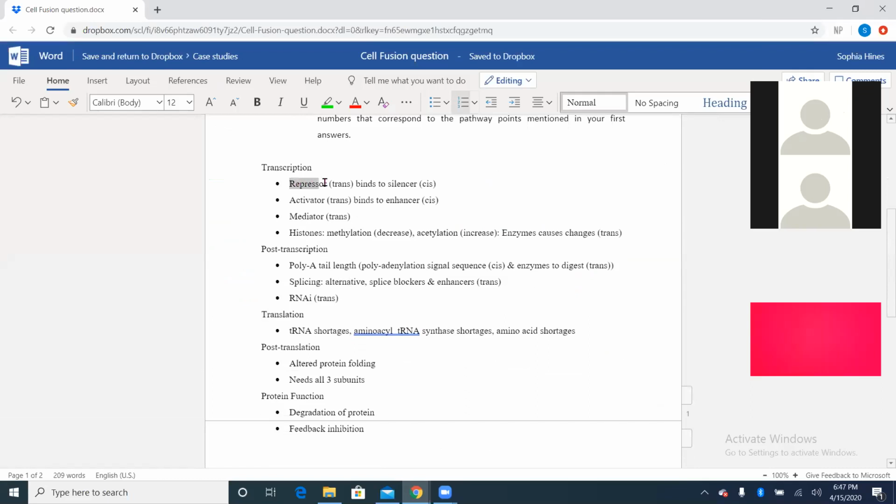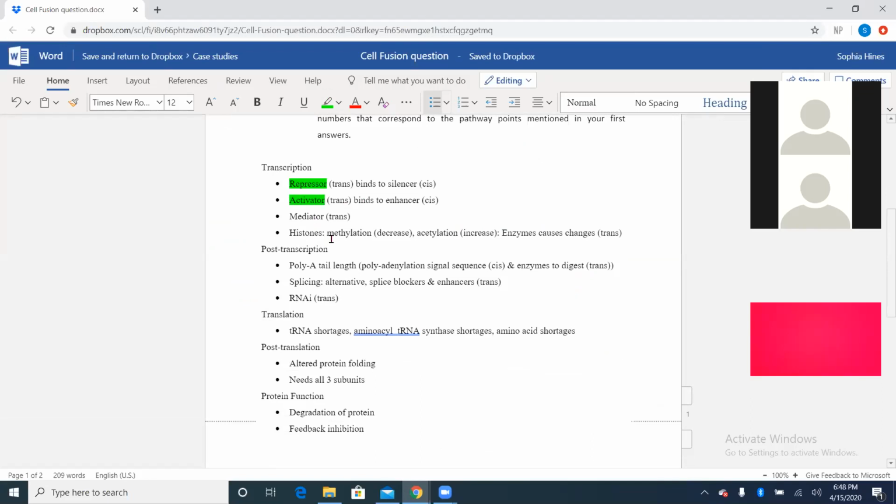So a repressor could be changed. An activator could certainly happen. Again, the mediator is going to work in conjunction with the other signals, so you don't necessarily have to worry about that at this point. It's usually that the silencer sequence and the enhancer sequences have to get bent around via a mediator. And if your mediator's gone, it would mess things up.